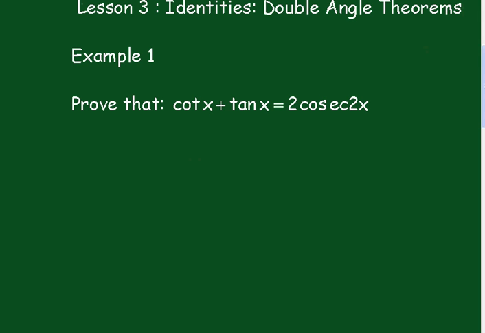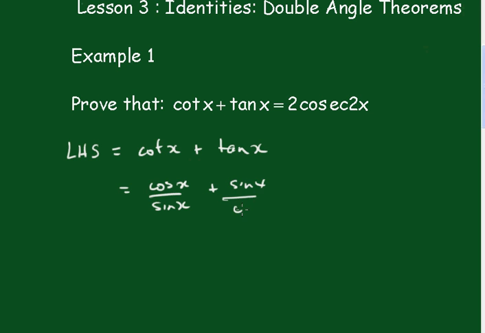Right, now here are some examples of using the double angle result. First example, we have to prove that cot x plus tan x equals 2 cosec 2x. Now we'll just work with the left hand side. So the left hand side is equal to cot x plus tan x, which is cos x over sin x plus sin x on cos x.